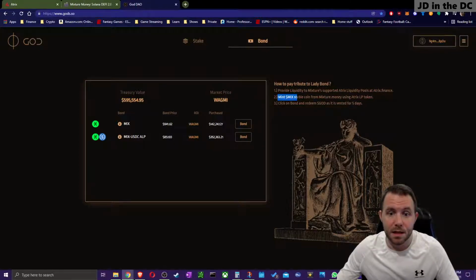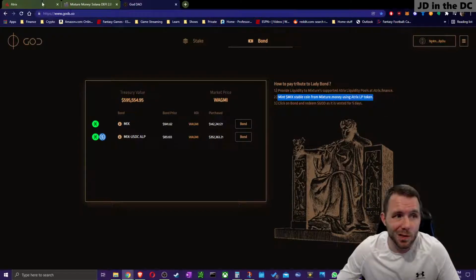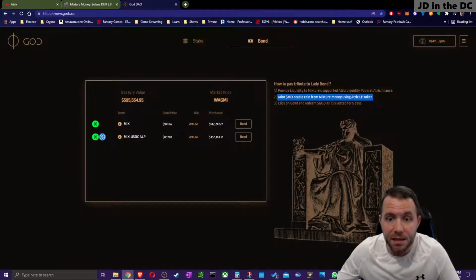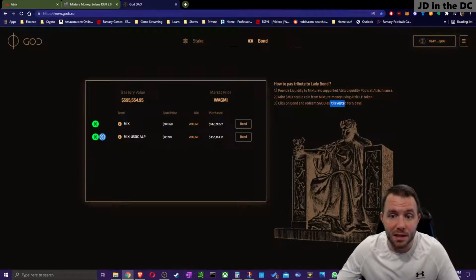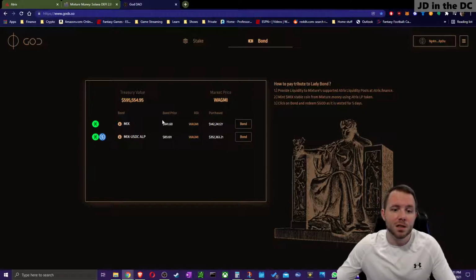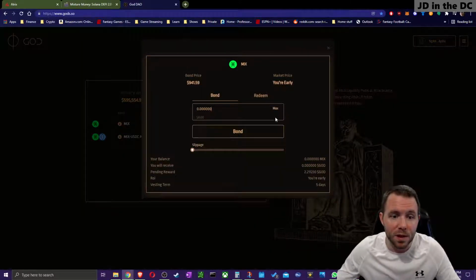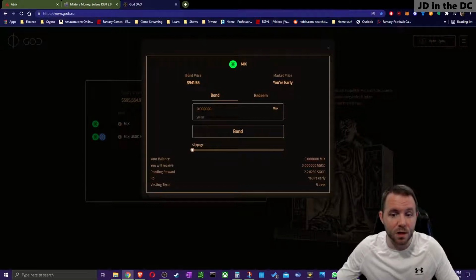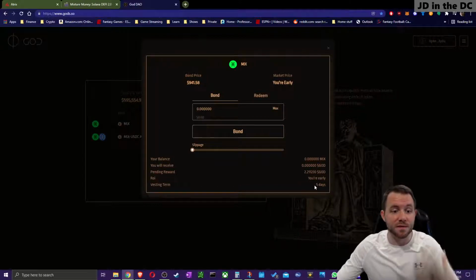Mint Mix stablecoin from Mixture, so this is literally telling you what to do, and then you can click on bond and redeem God as it vests over 5 days. So essentially you hit bond here, you put in as much Mix as you want, and they give you this God token over the course of 5 days.